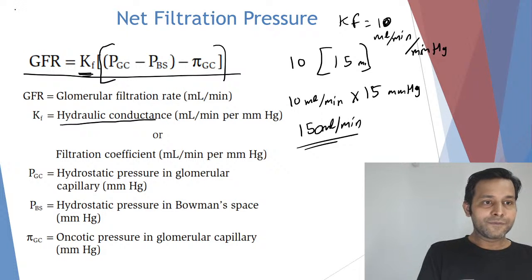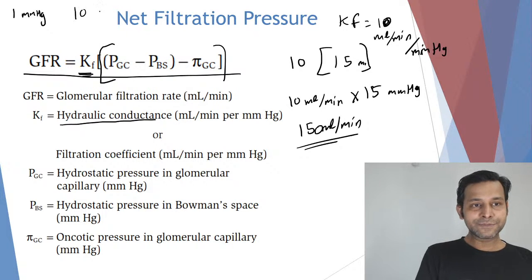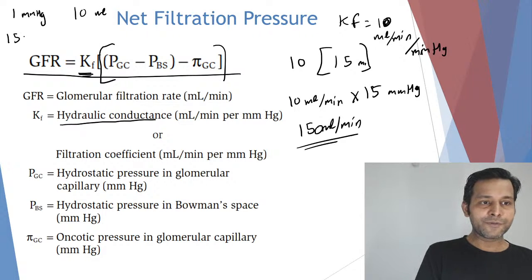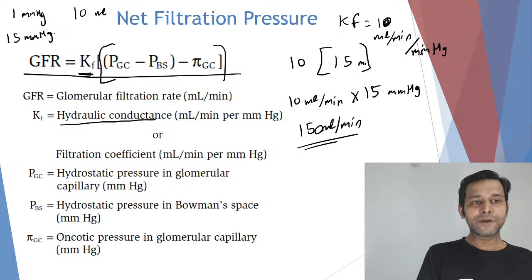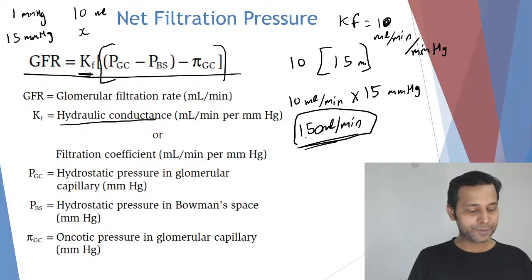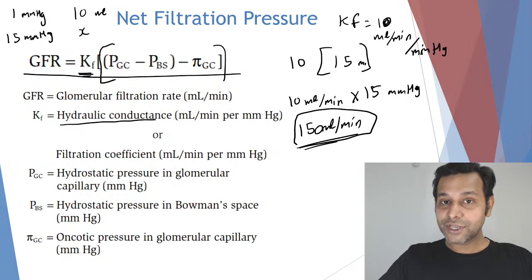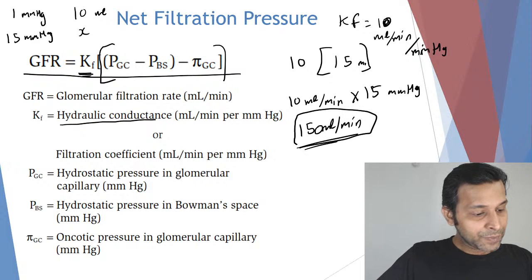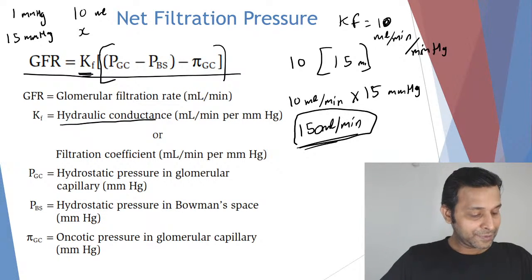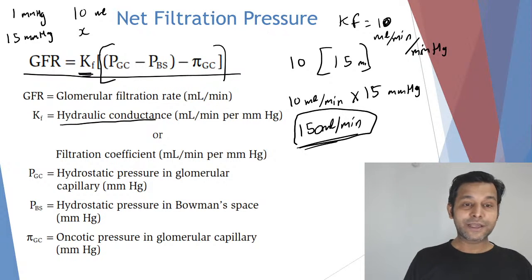See, for 1 mm of Hg we have 10 ml filtration. Then for 15 mm of Hg, how much filtration are we going to have? That becomes X. So 10 into 15 will give you the answer of 150 ml per minute. So the net filtration amount, or you can say GFR, is 150 ml per minute. Okay, are we all clear? So this is what it is about the calculations of GFR.